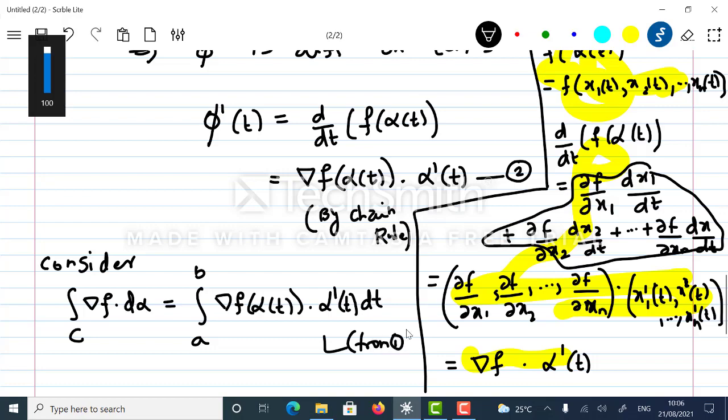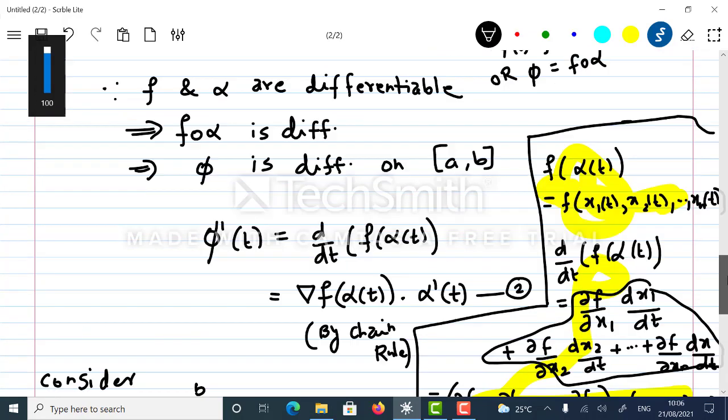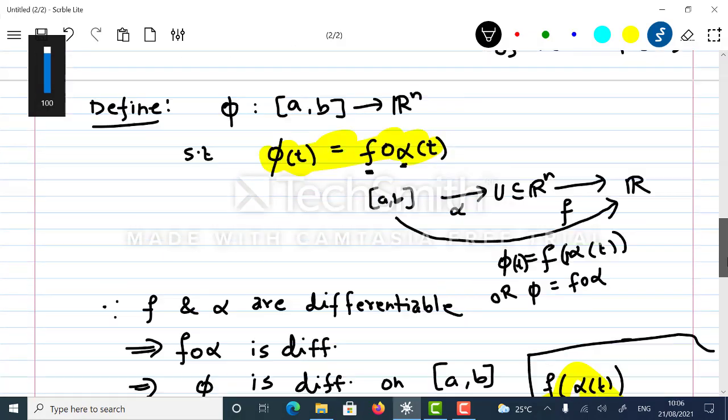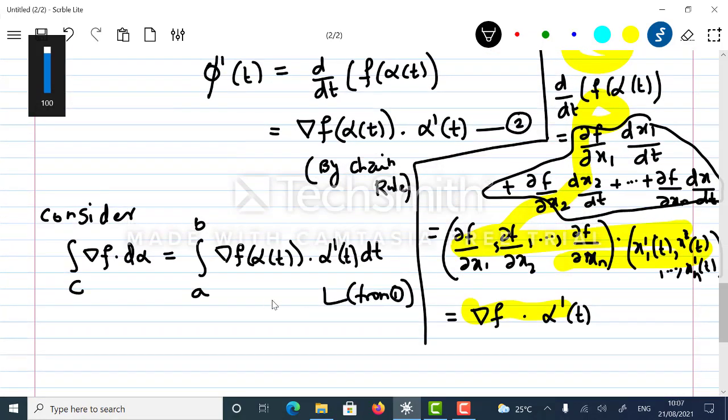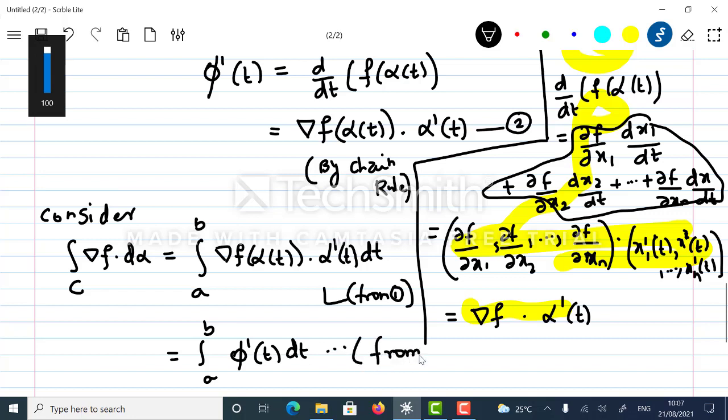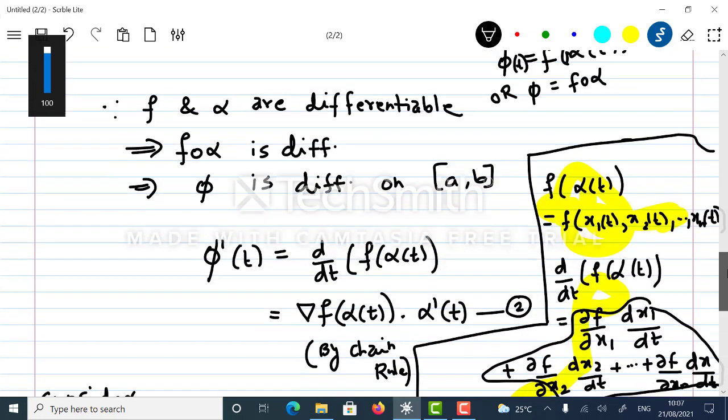But grad f of alpha t dot alpha dash t is basically phi dash, from 2, so the integral from a to b of phi dash t dt. Now see, what I know about phi is as follows.